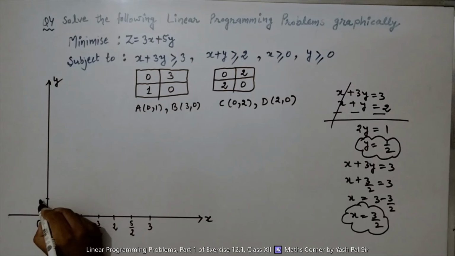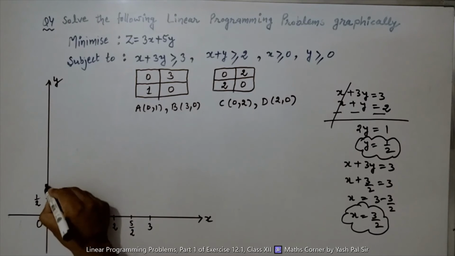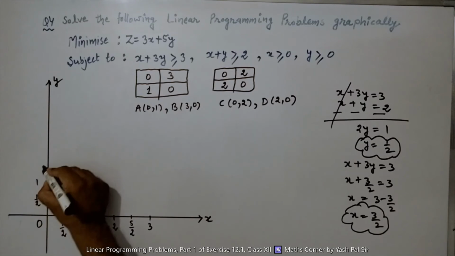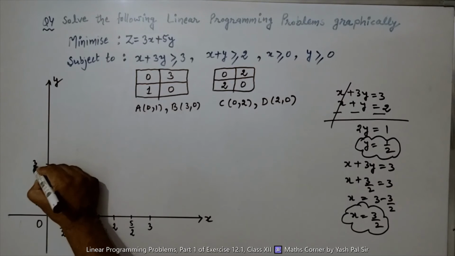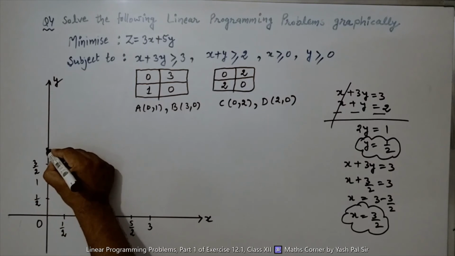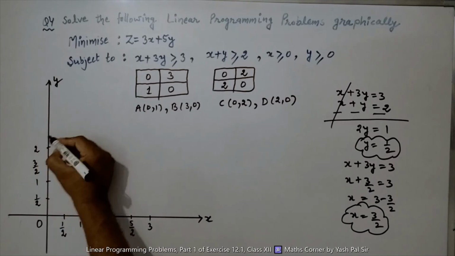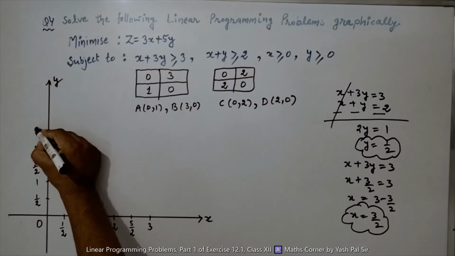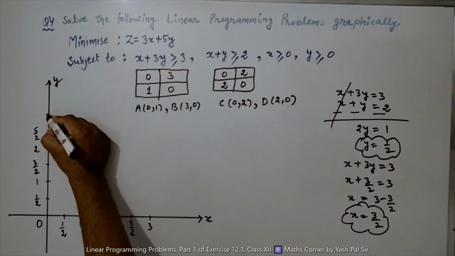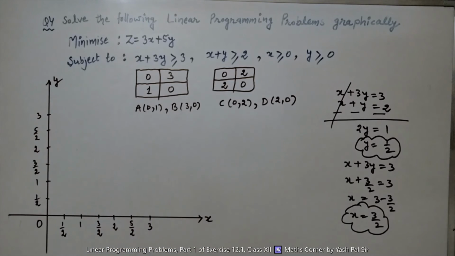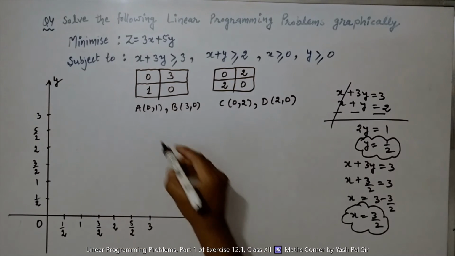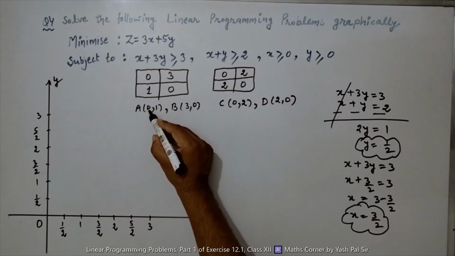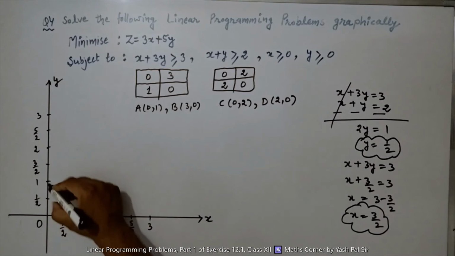Likewise, here we have 1 by 2, 1, 3 by 2, 2, 5 by 2, 3. Right?